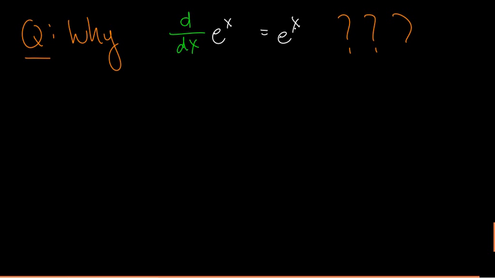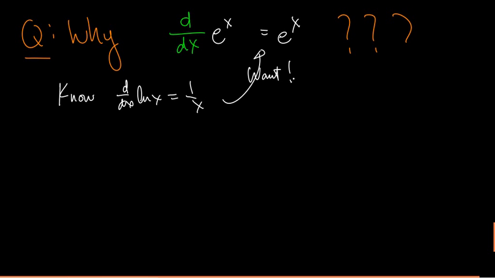In the previous video we did why the derivative of log was 1 over x. So we know that the derivative of natural log of x is equal to 1 over x. And this is what we want. We want to show this. Because last time I just gave it to you and you didn't know why it should be like that. So let's check it out.